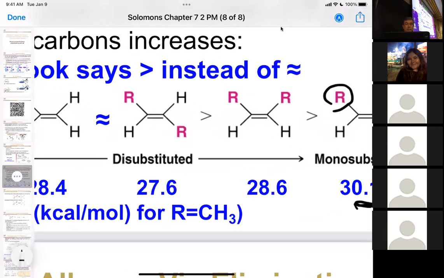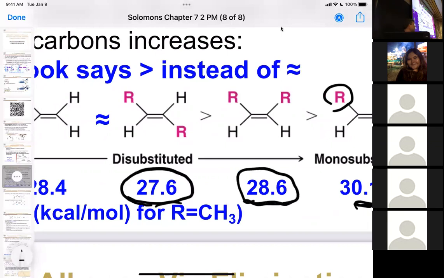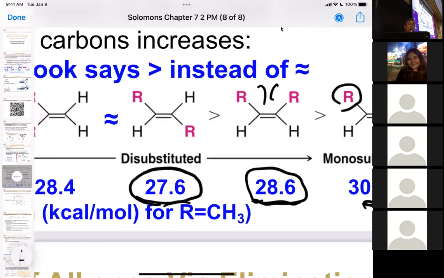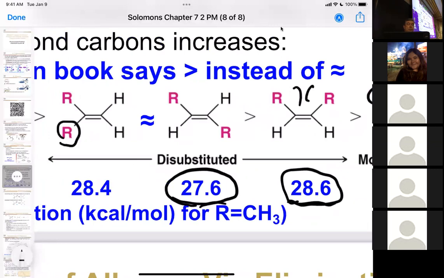So that carbon is stabilizing that double bond by that. Now, if we look at our cis and our trans, the trans is lower than our cis right here, and that's because these are starting to butt up against each other. But then look at this. We can have 2 substitutions, but it's not helping very much. They're both on the same carbon, which means there's no donation on this side. There's only donation on this side.